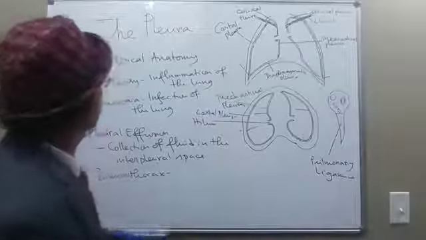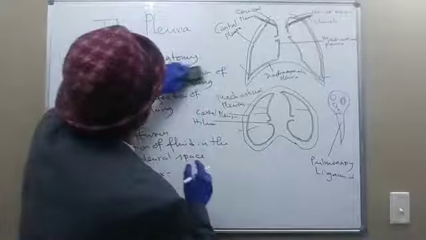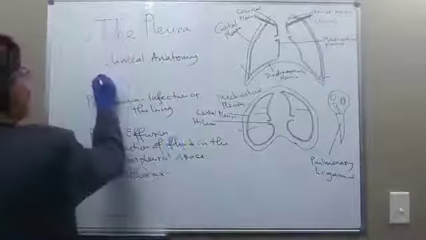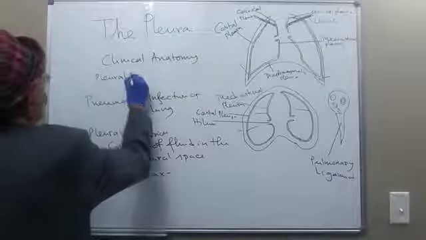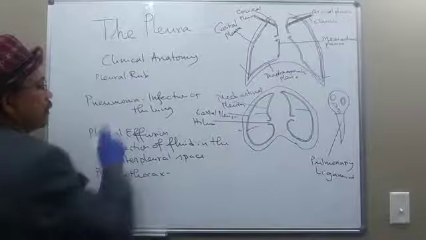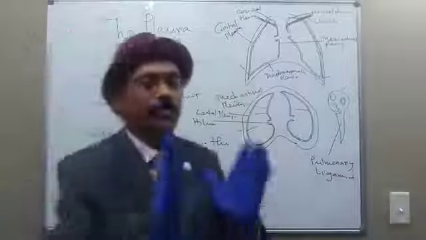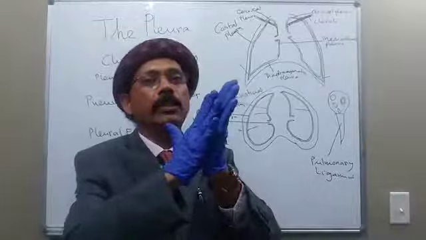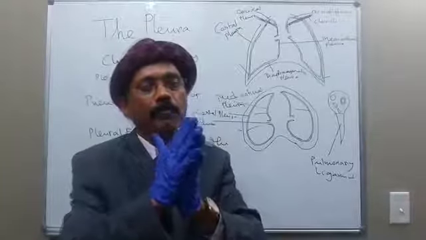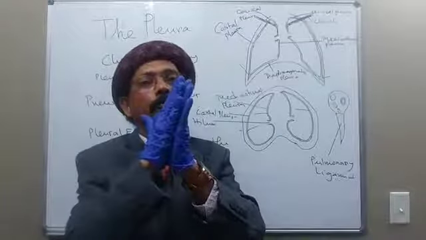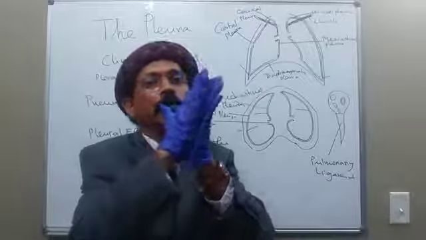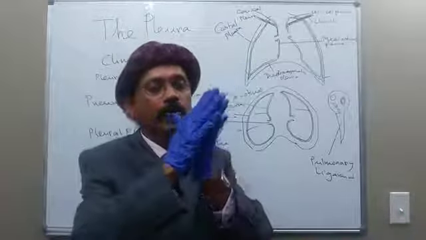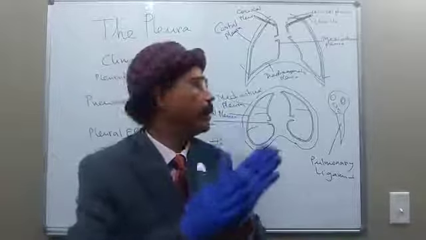We have another term very commonly we use, that is called pleural rub. Okay, the pulmonary pleura, visceral pleura go close together without any rubbing in normal person, because we have some very small amount of fluid that actually allows the visceral pleura and parietal pleura to move together.